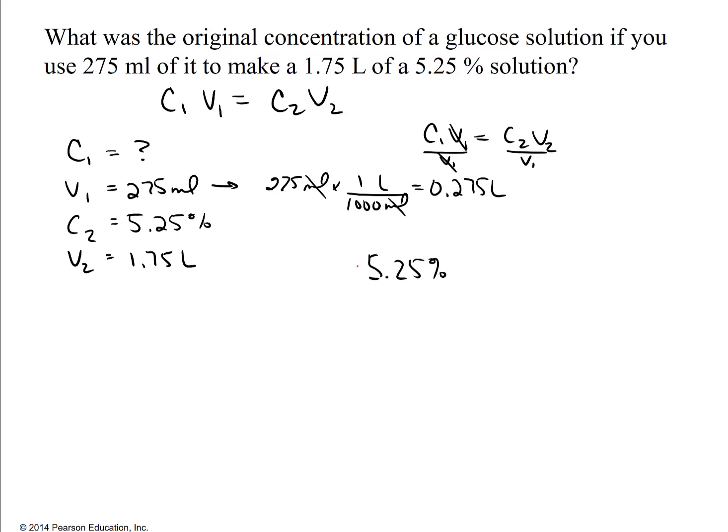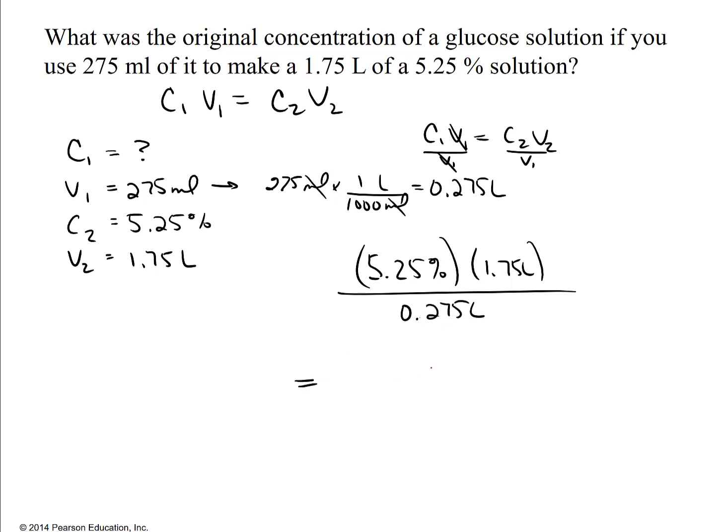5.25% times 1.75 liters. You can leave it in percent. It does not have to be molarity or grams per mil. You can leave it in percent. It's super easy that way. Divide it by 0.275 liters.